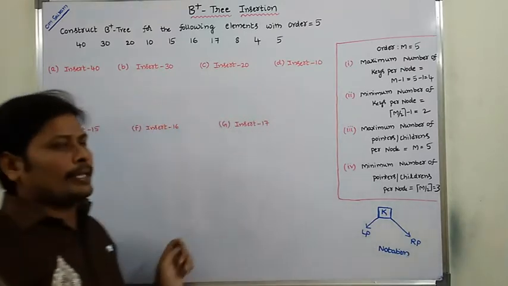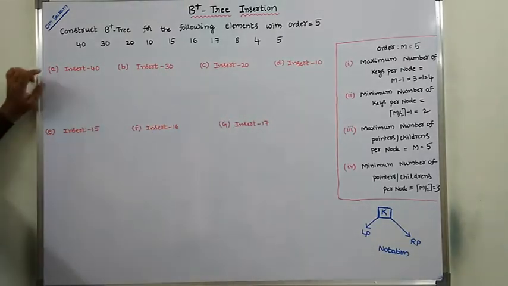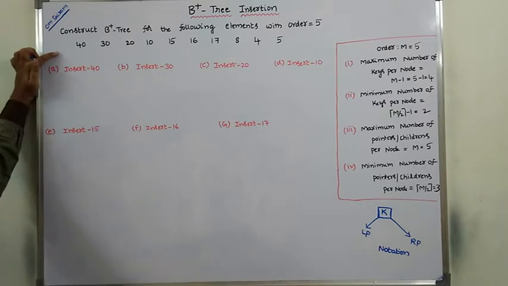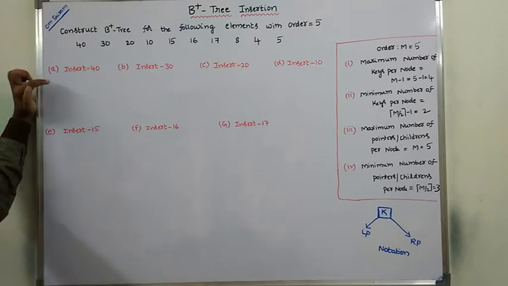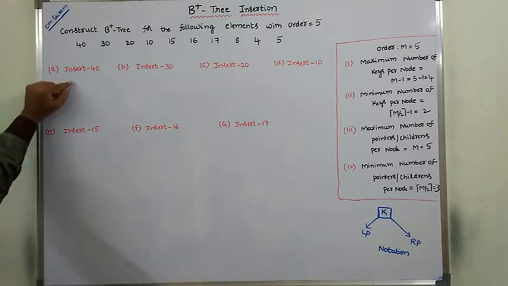Okay, next. First we have to insert element 40. Before inserting element 40, the B plus tree is initially empty, so there are no nodes in the B plus tree. Whatever the first node that is inserted into the B plus tree becomes the root node, and it becomes the leaf node.